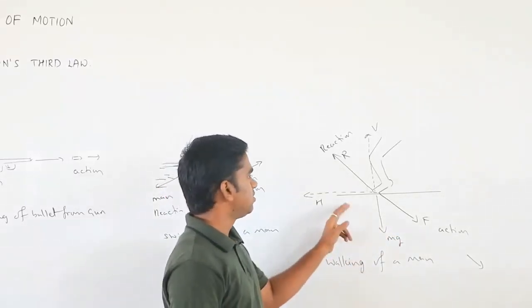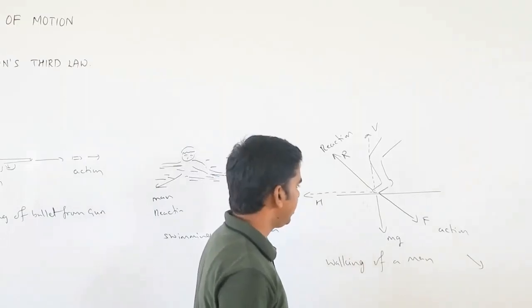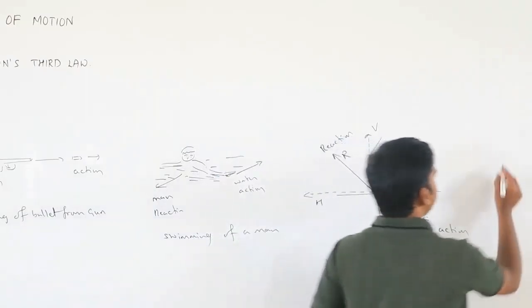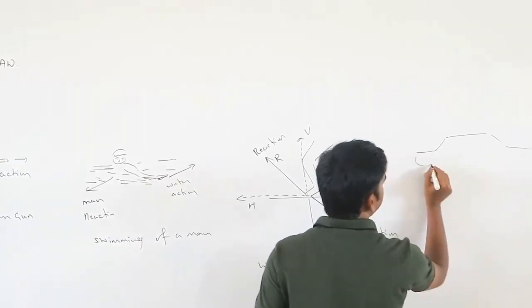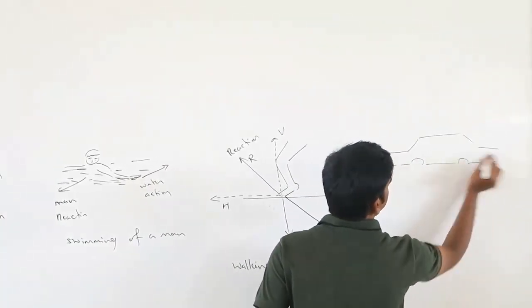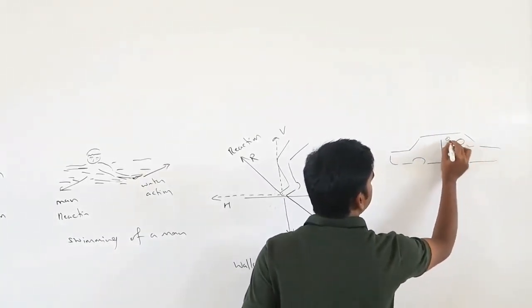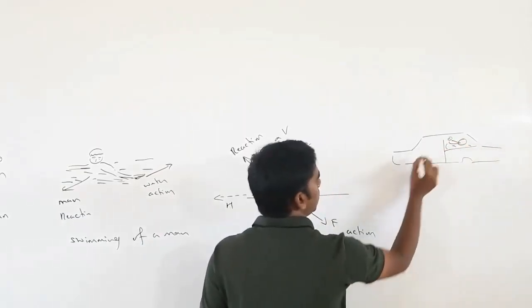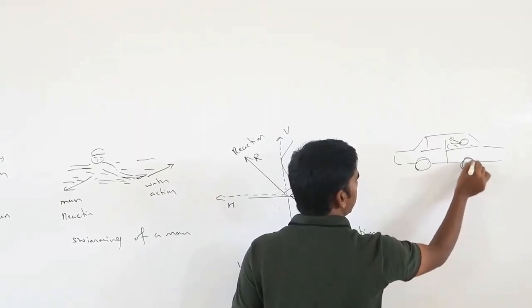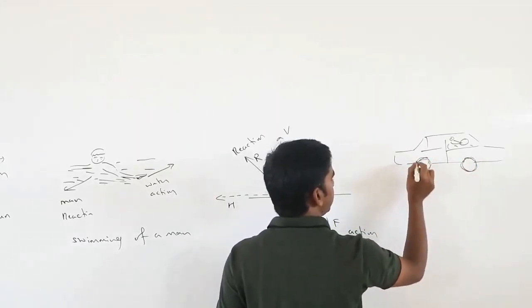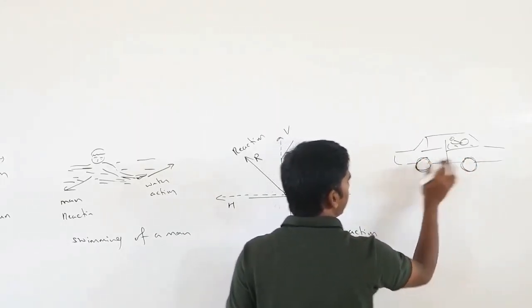This we will study properly again. And if you look at the motion of a vehicle, suppose you have a car, and think that you are sitting over here. This is your wheel. Usually the engine drives the back wheel, not the front wheel.